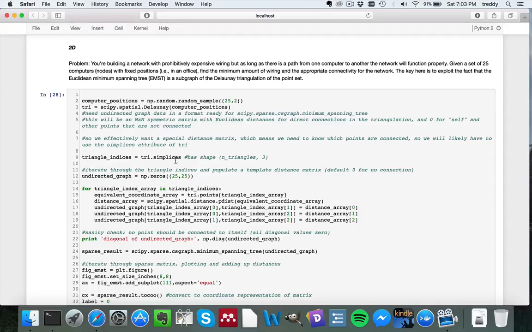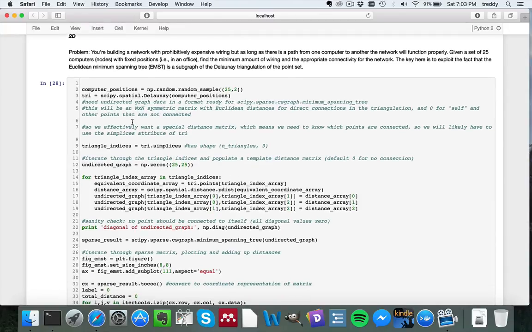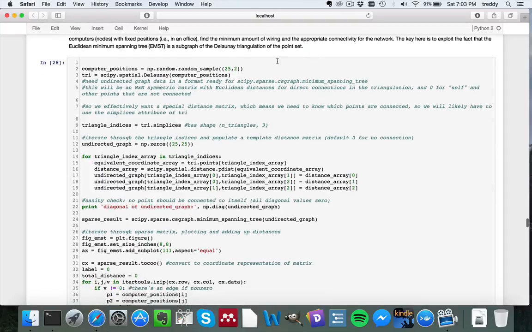And also, if you have two computers that are really far apart, they don't need to be directly connected, because in this problem statement, we don't need the computers to be directly connected to each other as long as one can reach another by traveling through other computers. That non-connection between computers is also represented as 0. So lots of zeros are likely to be present in this sparse data structure.